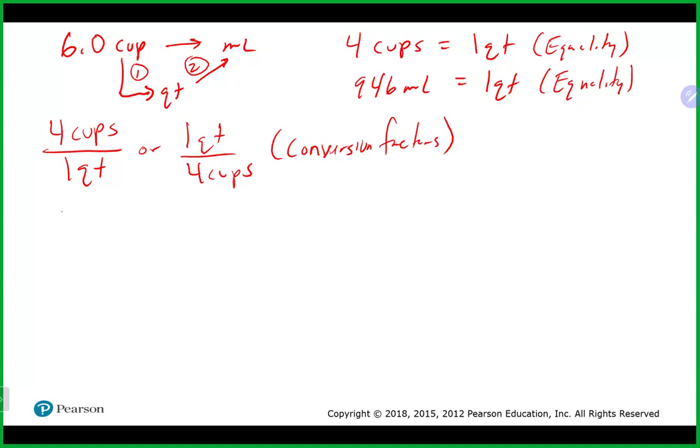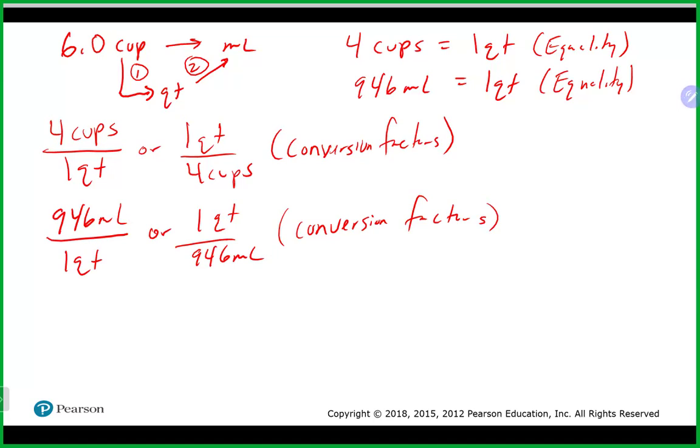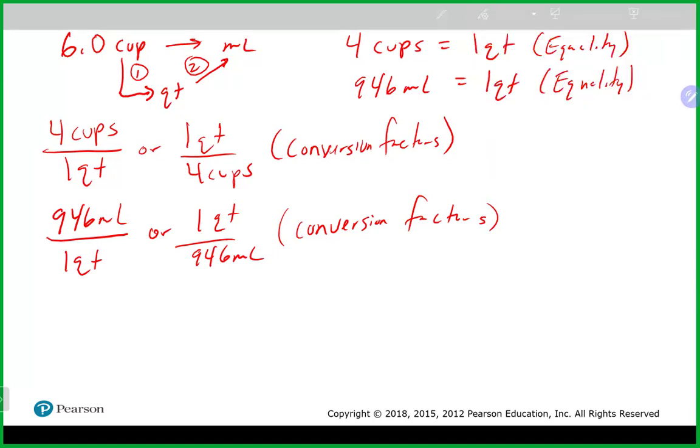We also could have for our second one there 946 milliliters over 1 quart, or again 1 quart over 946 milliliters. So once again here we have our conversion factors. We have a pathway to get us to where we're trying to end up. So all that's left is actually do the calculation here. So let us do that.